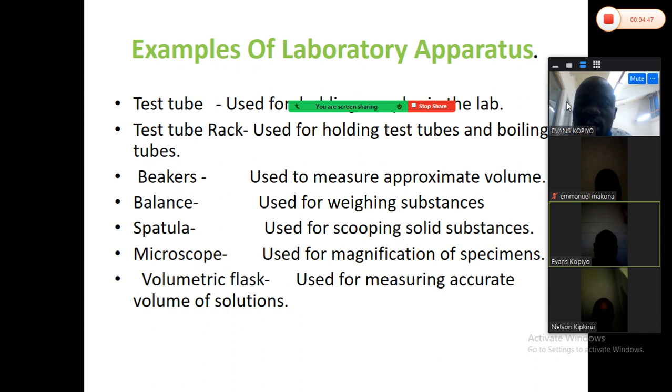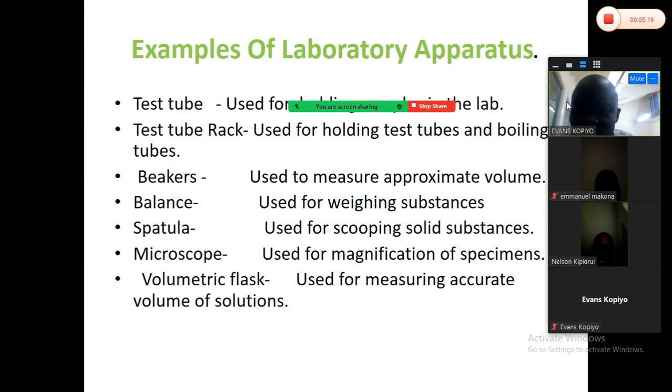Examples of laboratory apparatus. In the laboratory, we have many apparatus and equipment that are used. For today, we're going to check the common laboratory apparatus, which include the test tube. Can you see all of them?